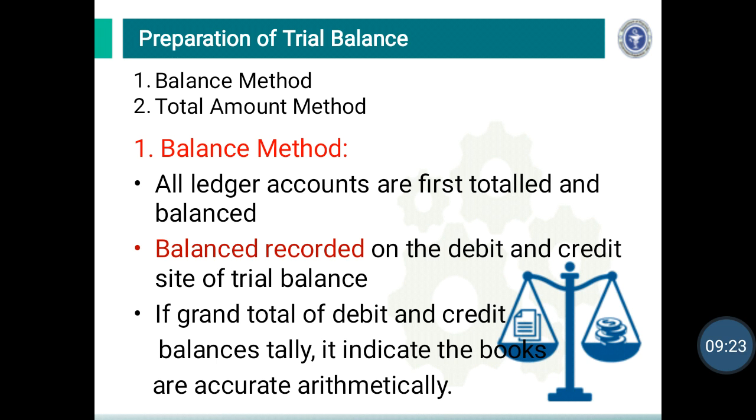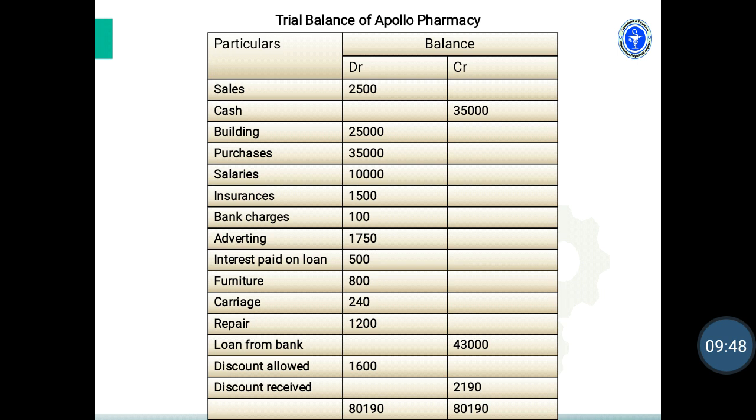So in this way, by using this simple method, that is the balance method, we prepare the trial balance. One thing is important in this case, that is balancing. Balancing is very important, and after balancing the account, that amount gets shifted to the debit and the credit column of the trial balance.